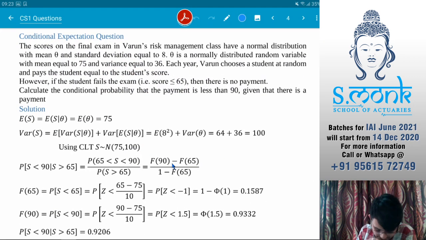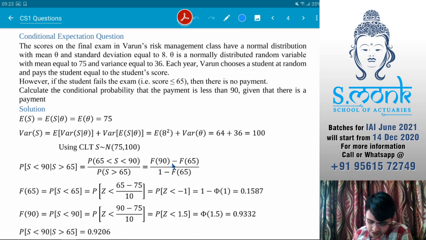See here, conditional expectation. The scores on the final exam in Varun's risk management class have a normal distribution with mean theta and standard deviation equal to 8. Theta is a normally distributed random variable with mean equal to 75 and variance equal to 36.